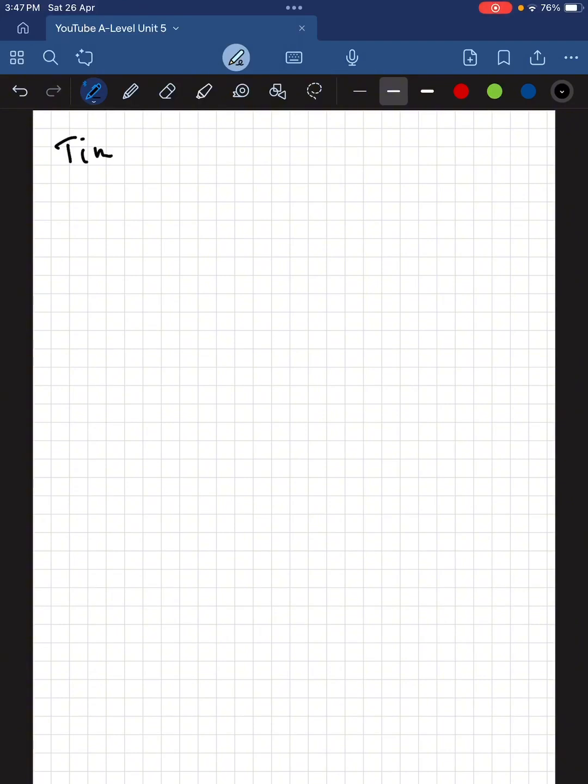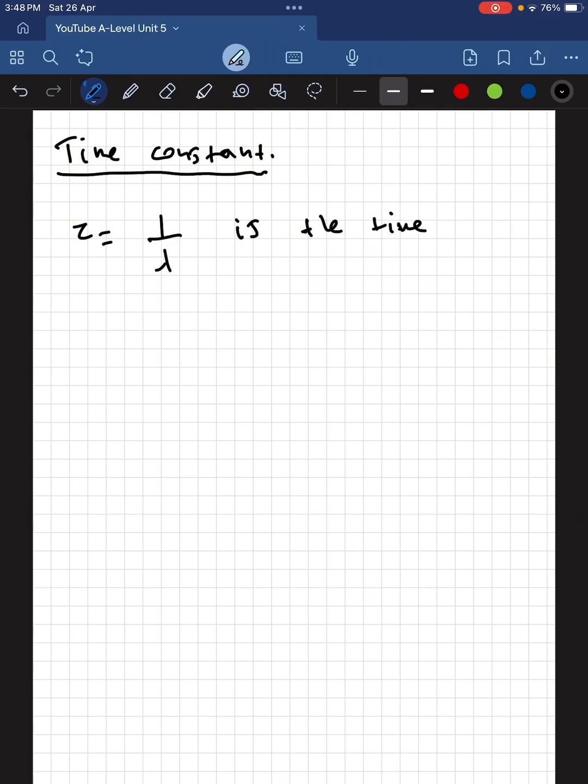Now, let's talk about the time constant, which we haven't mentioned yet. Tau, the Greek letter, is equal to 1 over lambda. So the time constant is the inverse of the decay constant.